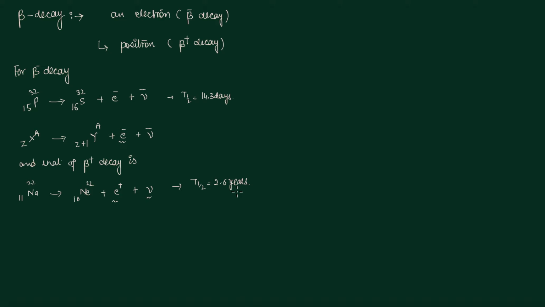Okay, so now both of these reactions will follow the exponential form of the decay law, that is N is equal to N0 e to the power minus lambda t, right? So what does this mean? We have to understand the physical meaning of this form of equation, the exponential decay law.